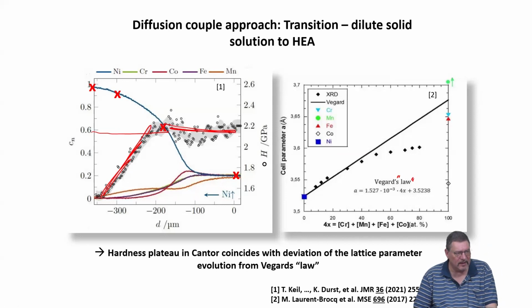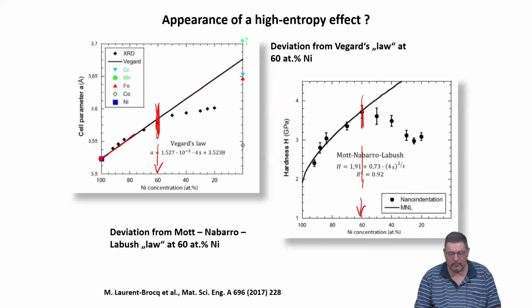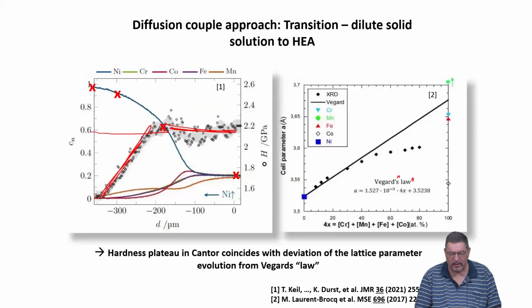So this is at least going along with what has been published in comparison to this one here, the Labusch model. So it means this confirms that there is some kind of change at about 60 atomic percent.